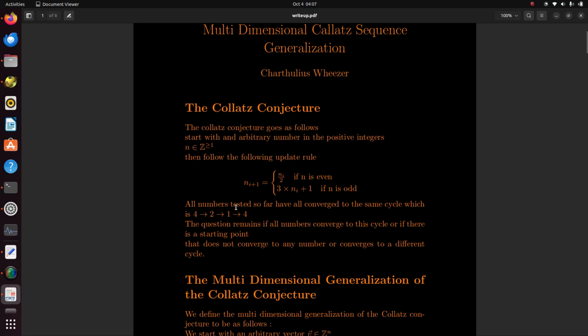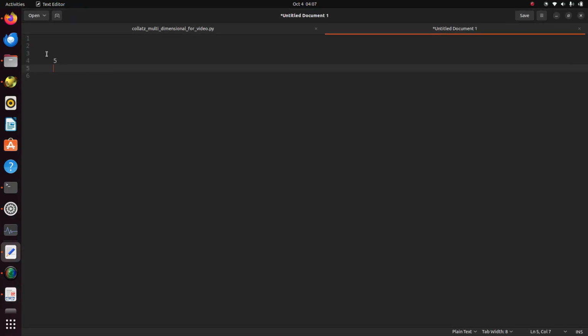So we could do a simple example. If we start with the number 5, 5 is odd, so we multiply 5 times 3 and add 1, and that gives us 16.